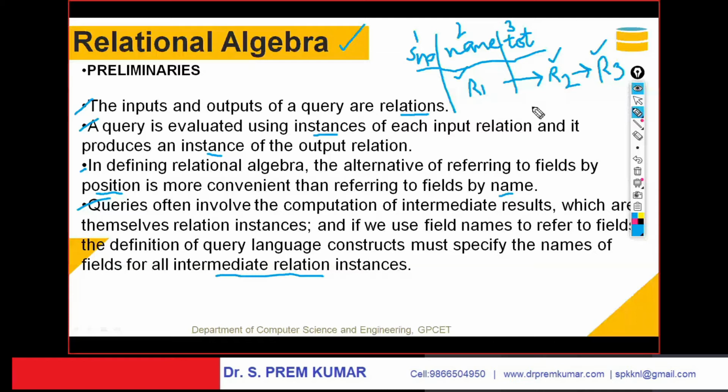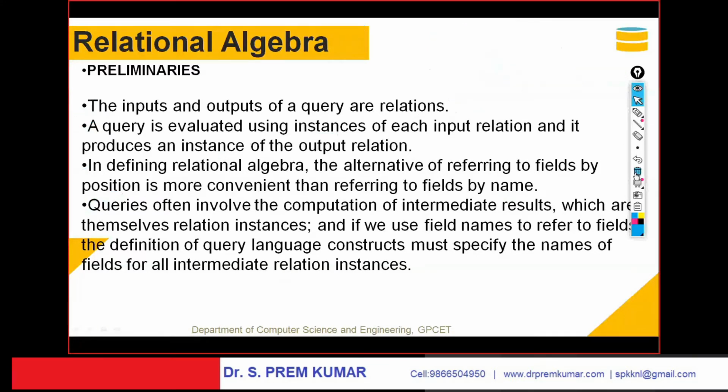As everything is in the form of a relation, that is a table form, it is called relational algebra. Input is a relation, output is a relation, intermediate results are relations.